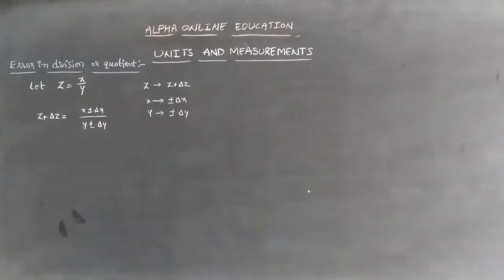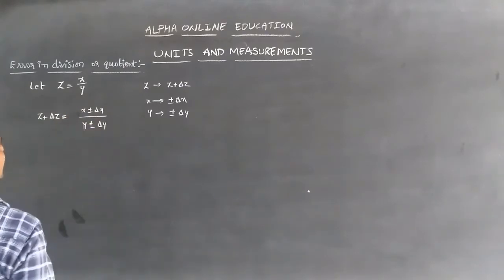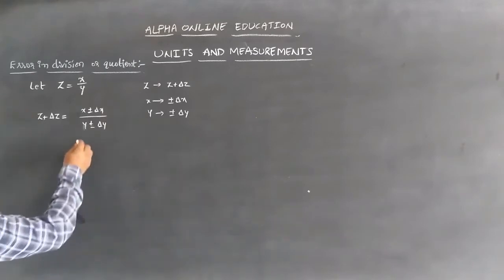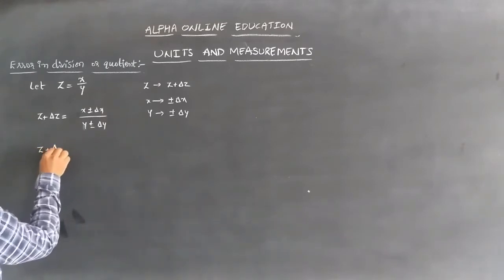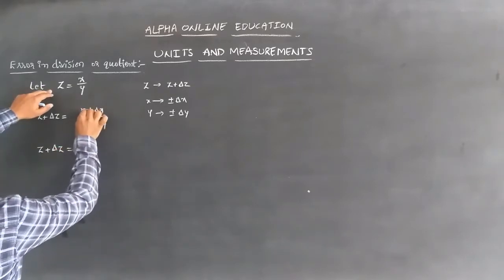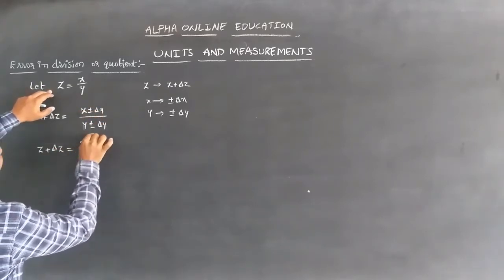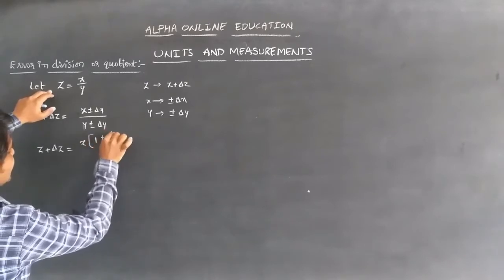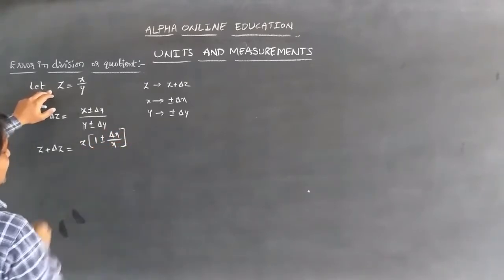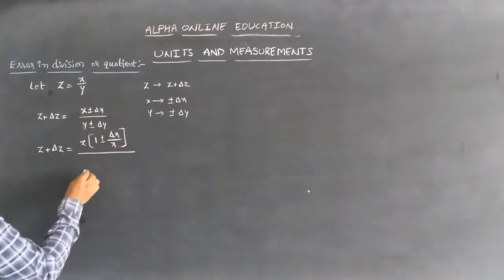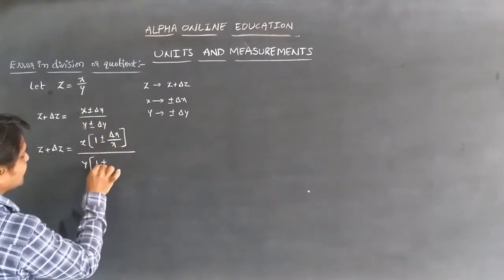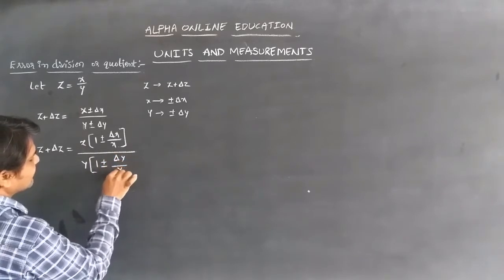So, taking z plus delta z, which is equal to, I take x outside from the numerator, then we get 1 plus or minus delta x by x, and in the denominator y is taken outside, giving 1 plus or minus delta y by y.